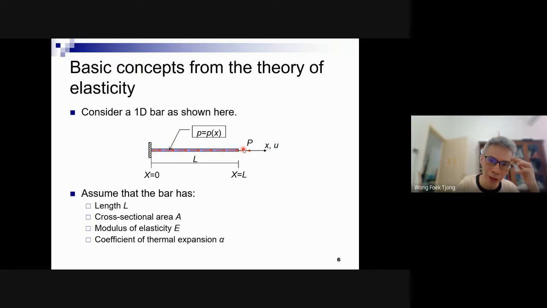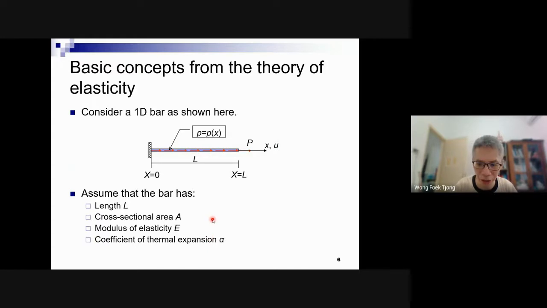homogeneous along the bar. And now in addition, we will also consider the effect of temperature. So another important physical property that we should include is the coefficient of thermal expansion alpha. So these are the parameters of the structure: L, A, E, and alpha.